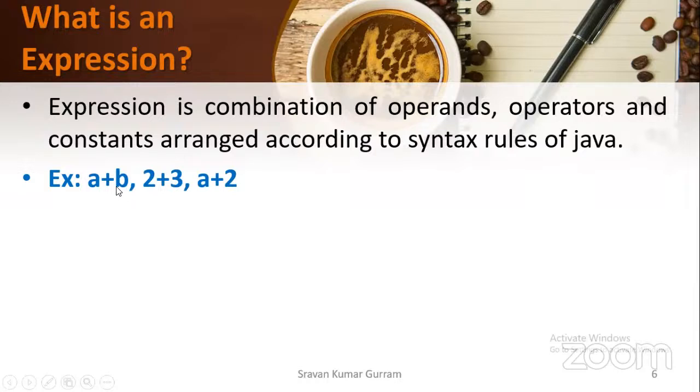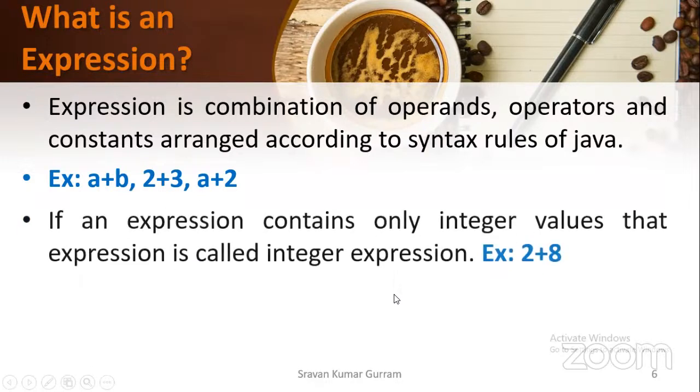These are examples of expressions. In the first, 2 are variables and 1 operator. In the second, 2 are constants and 1 operator. And in the third, 1 is a variable, 1 is a constant, and an operator. You can create an expression with two variables, or one constant and one variable, or two constants. All are valid.